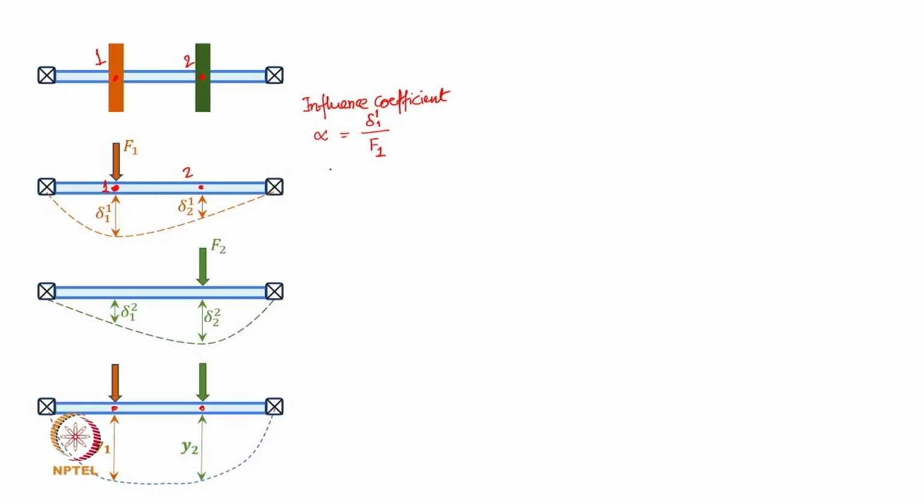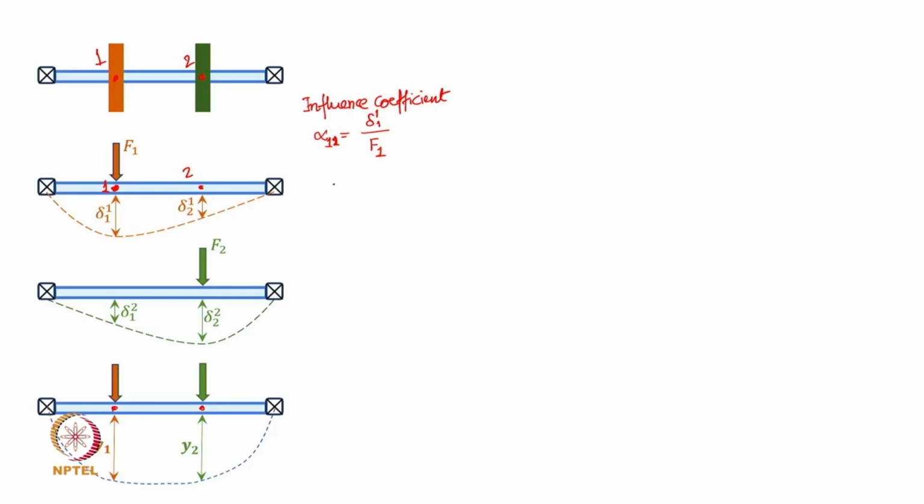I am writing this as delta 1 1, and for the sake of proper notation, I am sorry, this is alpha 1 1. Okay, alpha 1 1 represents the deflection at position 1 due to unit force applied at location 1.